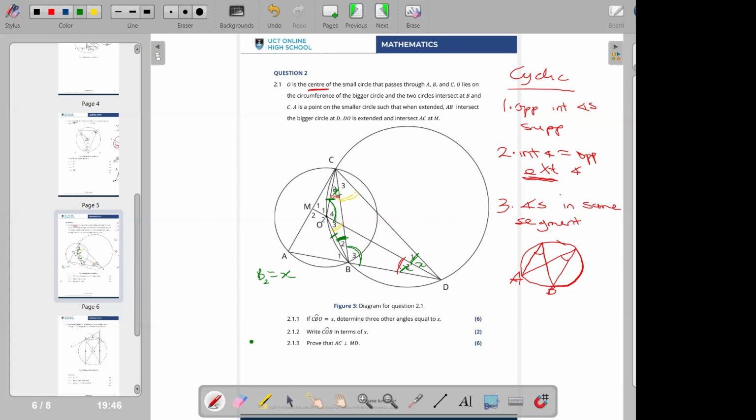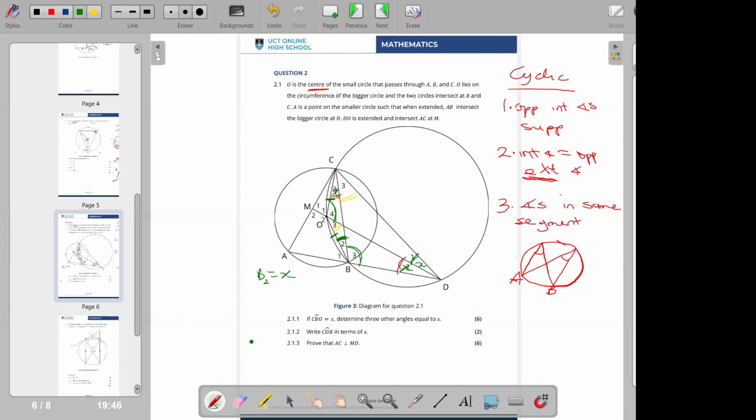Okay. Let's go to the next question. Find angle COB in terms of x. COB is equal to 180 minus 2x. Why are you saying that?